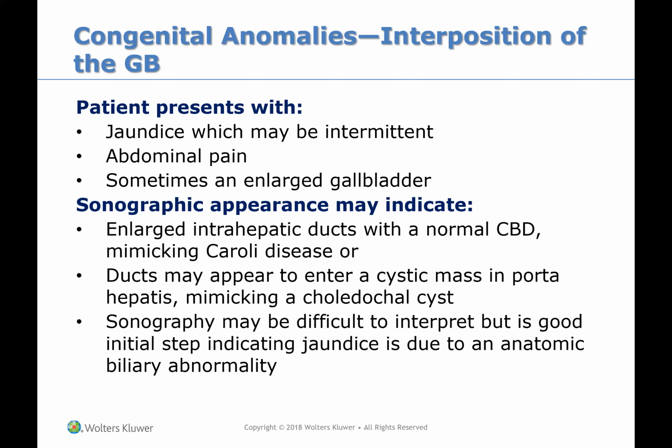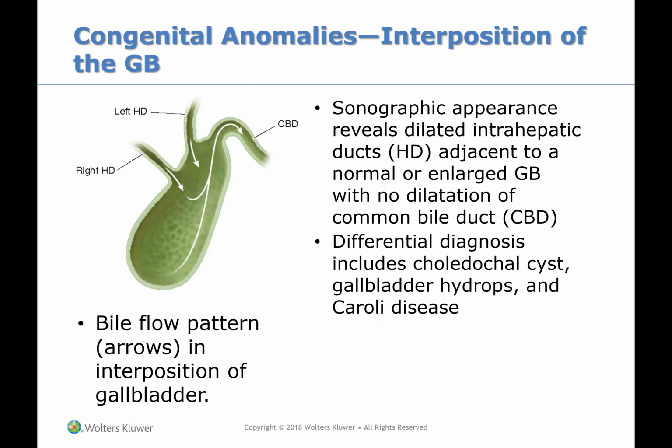So in this, you probably have a little bit of a biliary obstruction. So a patient could have jaundice, some abdominal pain, and an enlarged gallbladder. This is crazy though, like the right hepatic duct goes into the gallbladder, left hepatic duct, and then the common bile duct goes straight in, but there's no cystic duct.